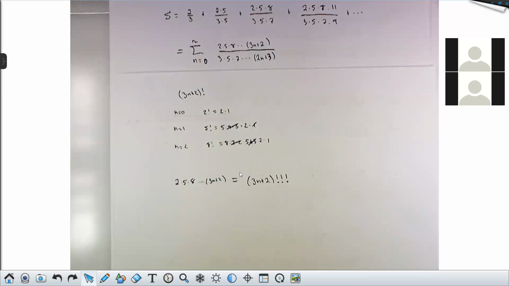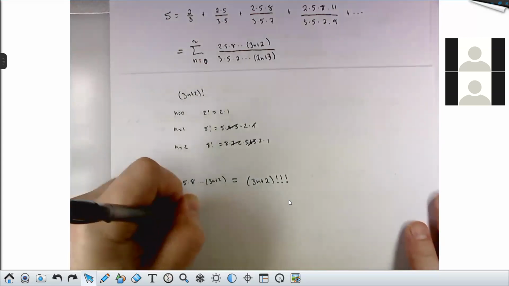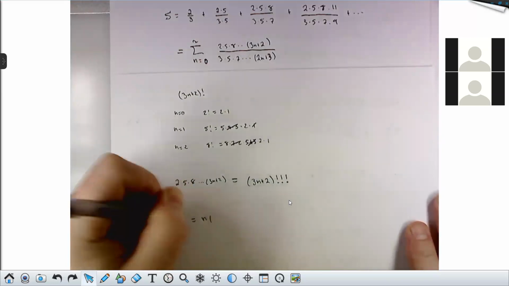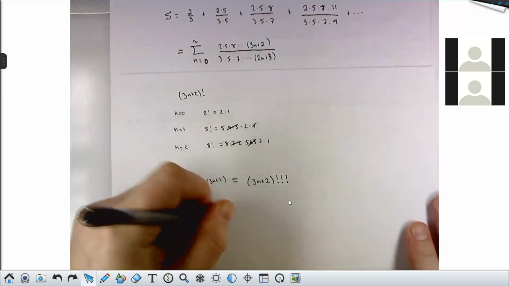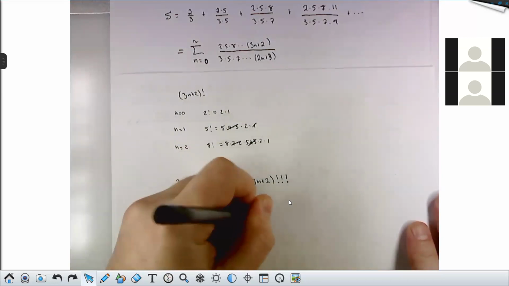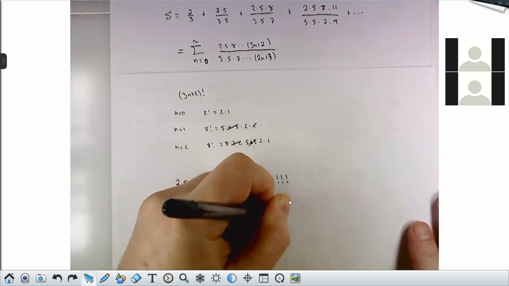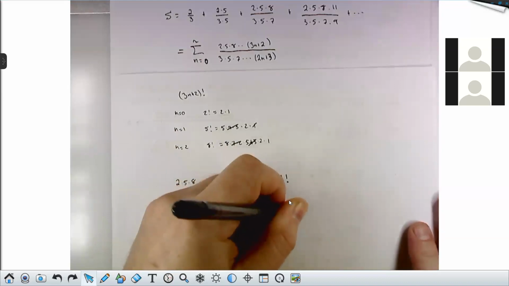The term for skipping over every 2 in a factorial is a multifactorial. So for example, n double factorial, rather than being n times n minus 1, is n times n minus 2. And then instead of n minus 3, you just skip to n minus 4. And then you'd skip all the way down to something like 5 times, skip over 4 to 3, skip over 2 to 1.